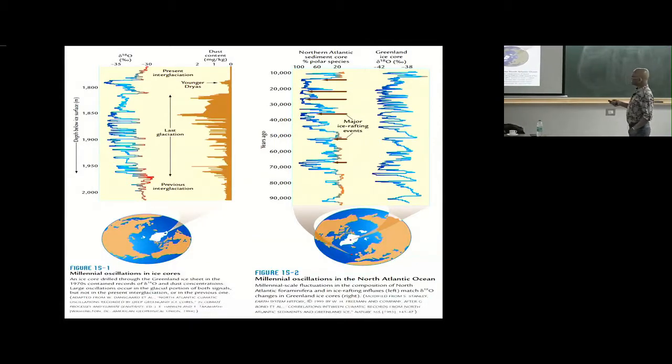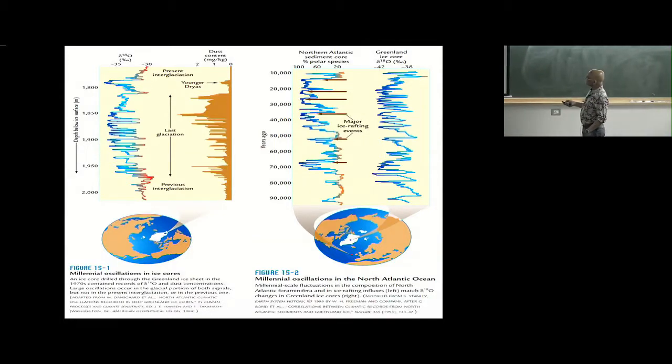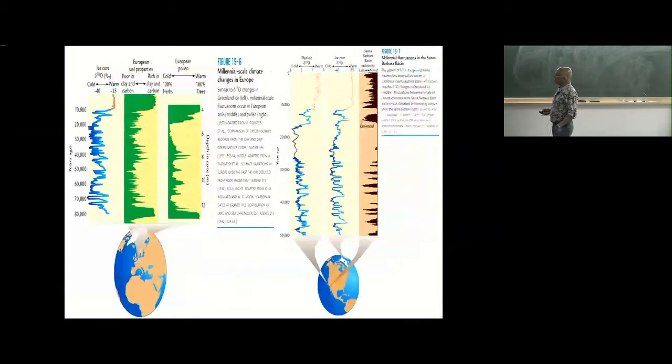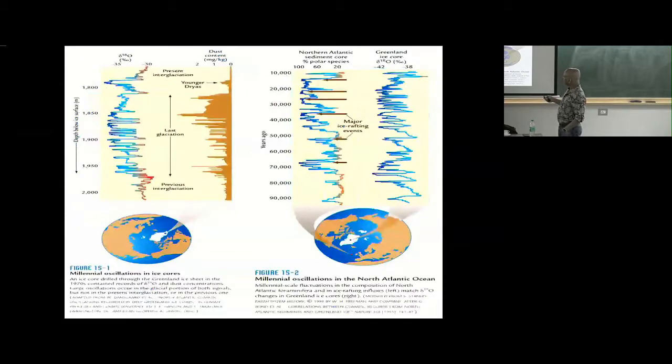So this is showing now an ocean sediment core, North Atlantic sediment core, and now you can see the number of polar species in there and Greenland delta O18. Basically the point these few graphs make is that there are evidences from all over the world, even on land, in the ice, on the ocean. So this is showing now, this was in the North Atlantic, Greenland.